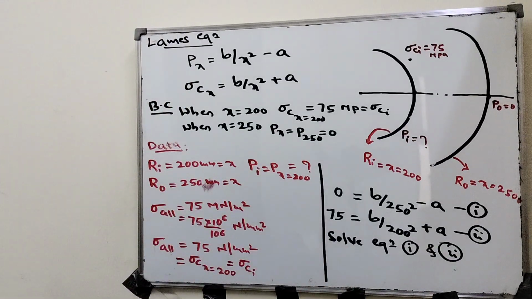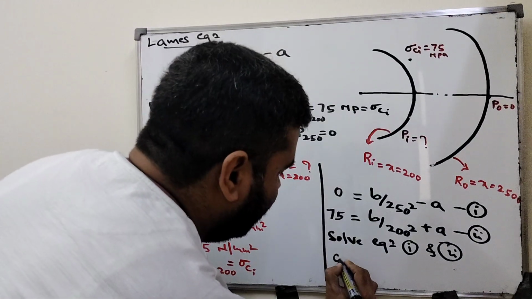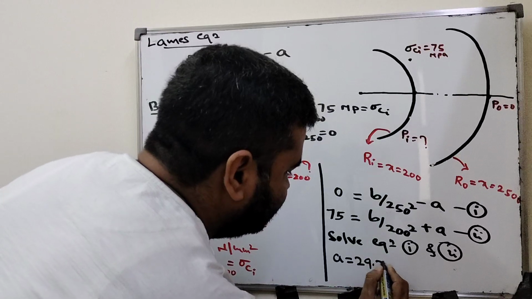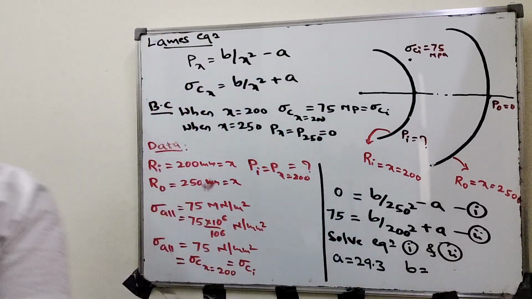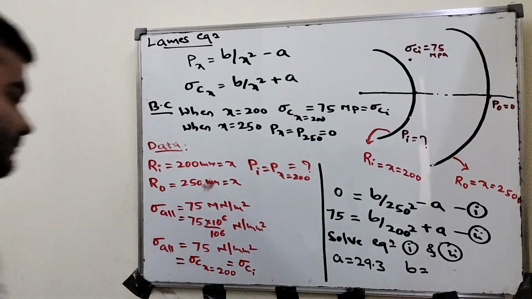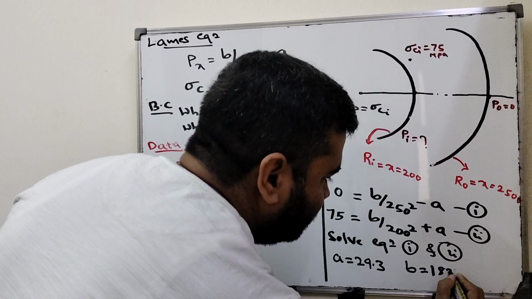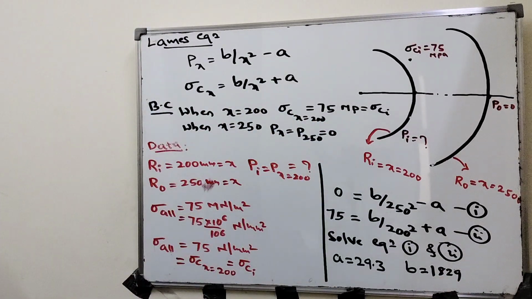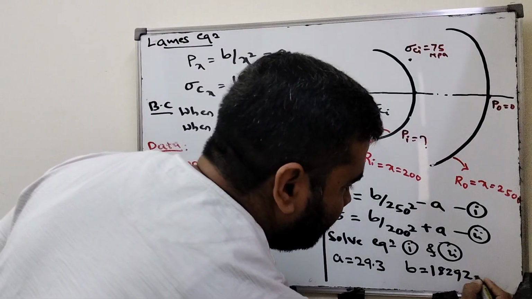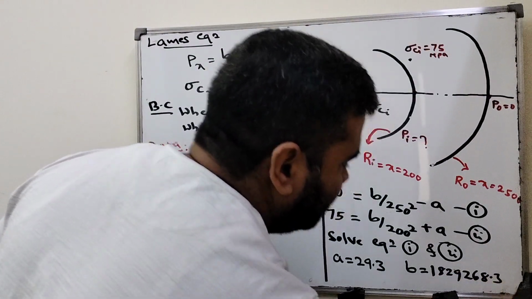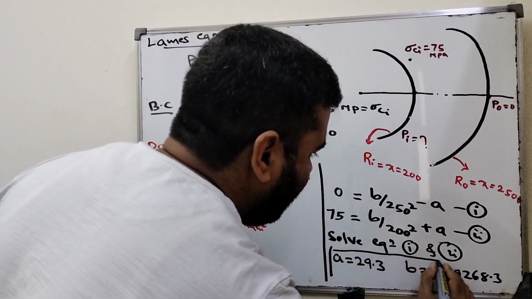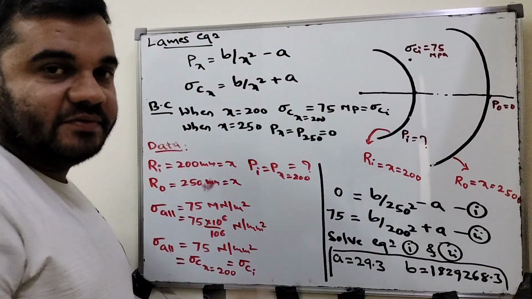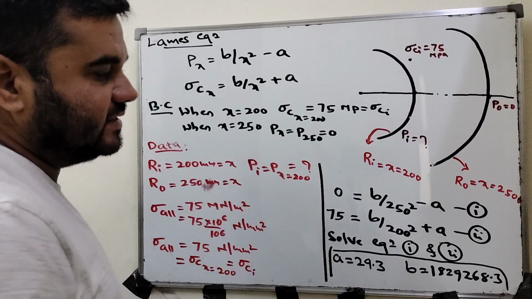From that, we will get the value of A is 29.3, A equal to 29.3 and B equal to 1829268.3. This is the value of A and B. Always B value will be more. If you see the previous two problems also, B is more and A is less.